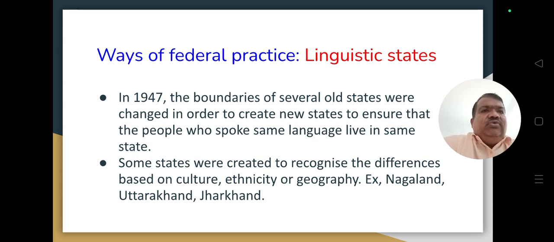The language is one, Bhojpuri, but the ethnicity is different. That's why Bihar was divided and one more state was formed, Jharkhand. Uttarakhand used to be part of Uttar Pradesh, but because of ethnicity, Uttarakhand was separated from Uttar Pradesh. In the same manner, some other states also were formed.